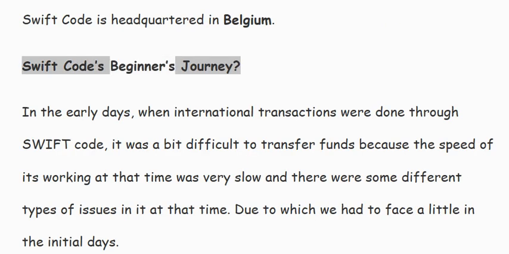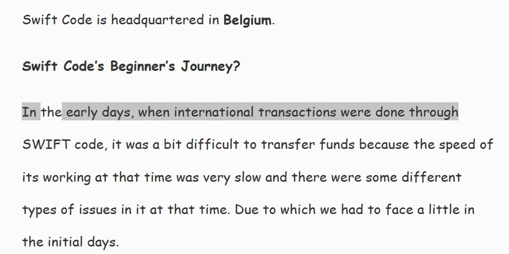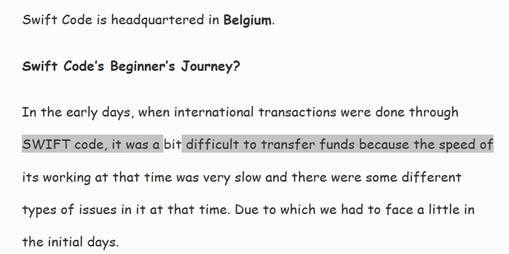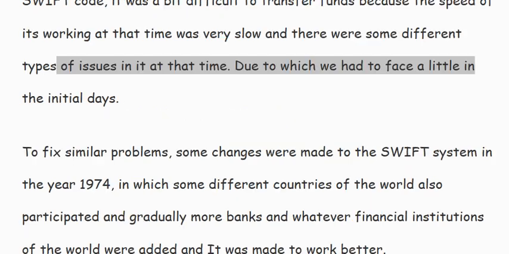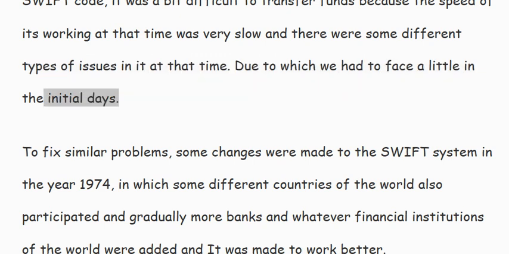SWIFT code's beginning journey. In the early days, when international transactions were done through SWIFT, it was a bit difficult to transfer funds, because the speed of its working at that time was very slow and there were some different types of issues in it, due to which we had to face some difficulty in the initial days.